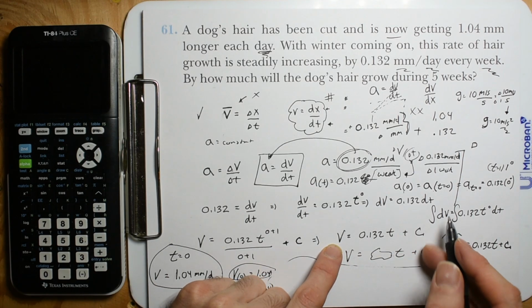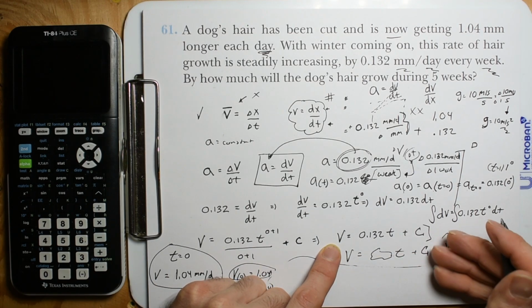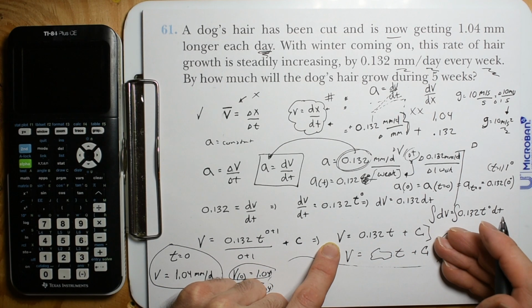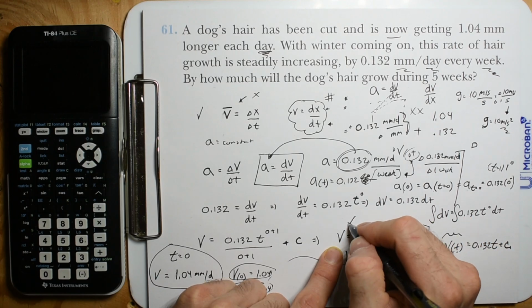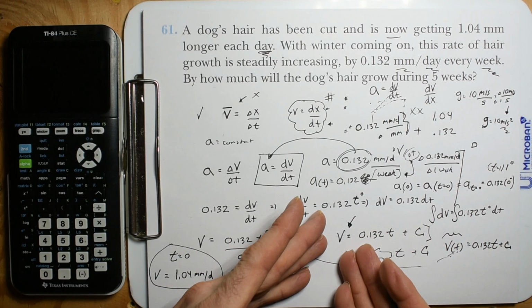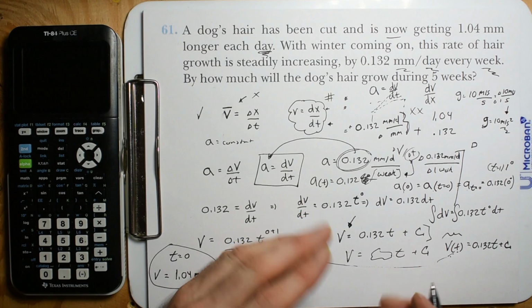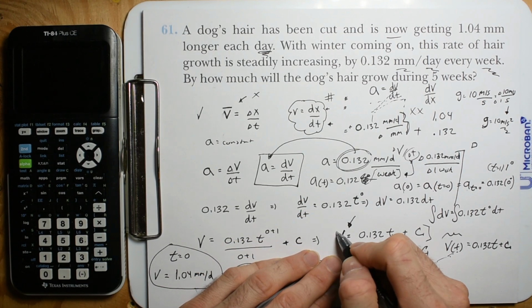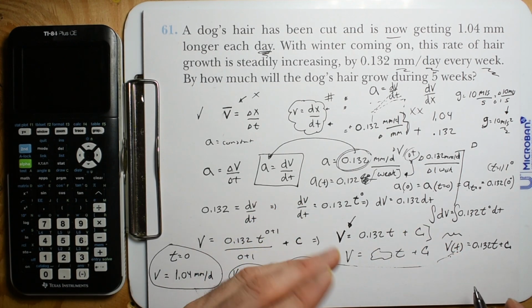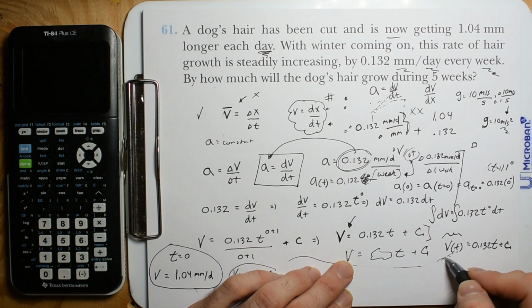If you get to here and you're just like, I really don't know what to put in, sometimes I remember thinking, I don't even think this is an equation. For whatever reason, it doesn't feel like an equation. But if you take this little extra step and say, no, this is velocity as a function of time. Cool.